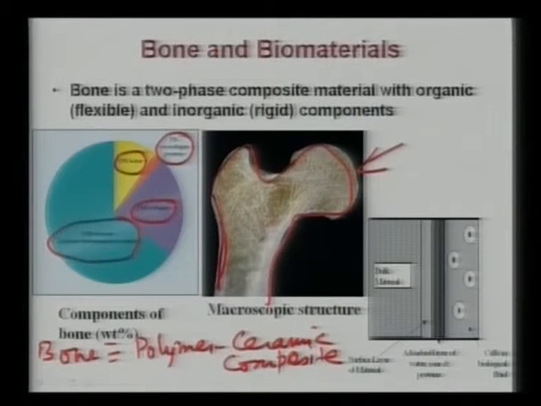Accordingly, some research is being carried out by various research groups on developing polymer ceramic composites to mimic the natural bone composition and structure. Now this shows that when you implant a biological material or biomaterial, how the cell material interaction takes place, but this will be discussed in more detail in some of the future slides.